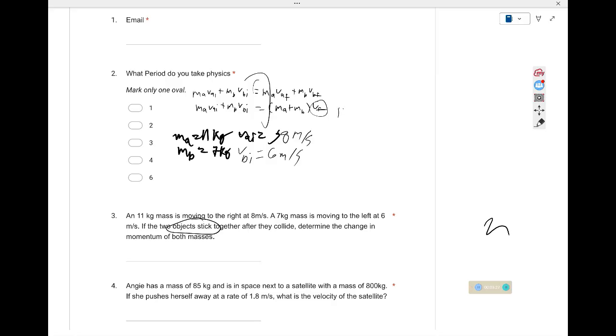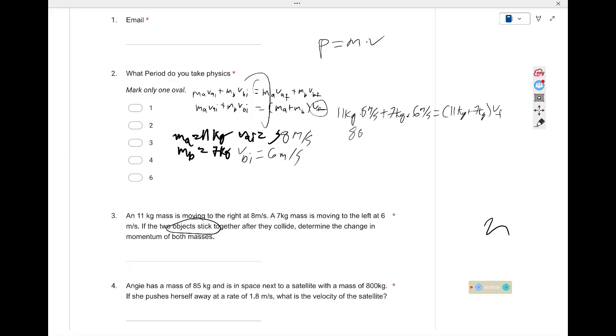So we're going to go 11 kilograms times 8 meters per second plus 7 kilograms times 6 meters per second equals 11 kilograms plus 7 kilograms times our final velocity. Because remember, momentum, P equals mass times velocity.